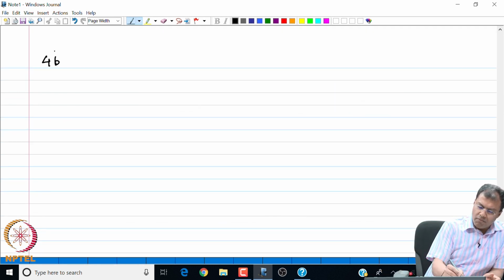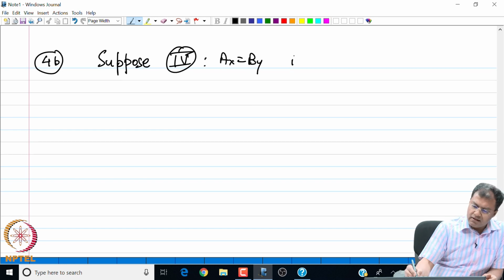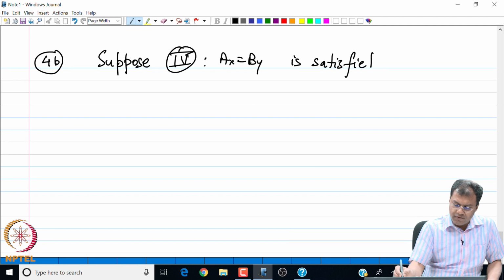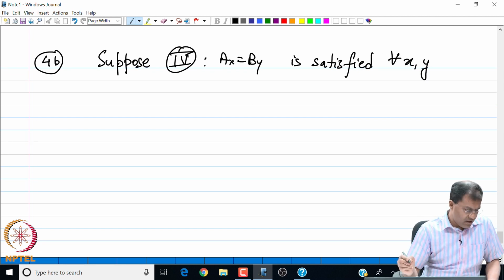Let me call this 4b, where suppose the boxed expression 4, which is a_x equal to b_y, is satisfied for all x and y, right.